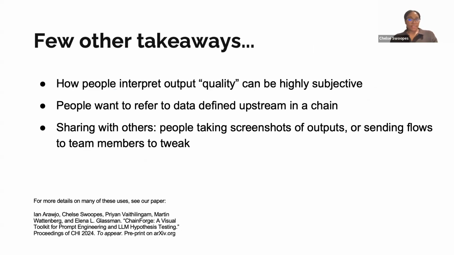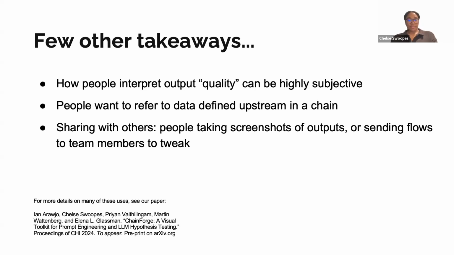A few final takeaways before closing. Our in-lab study included a structured task, and the findings suggest that decisions around the quality of prompts, models, and responses are highly subjective, even when participants are given the same criteria and scenario. Secondly, people want to refer to data defined upstream in a chain.